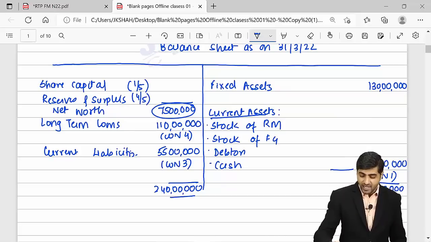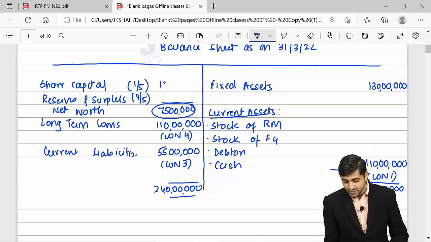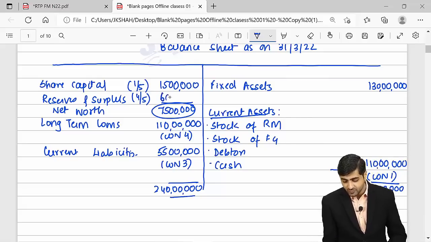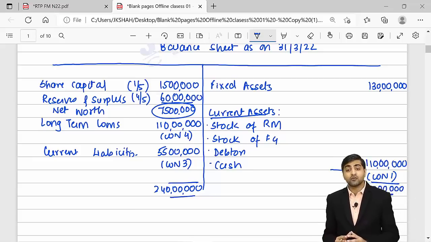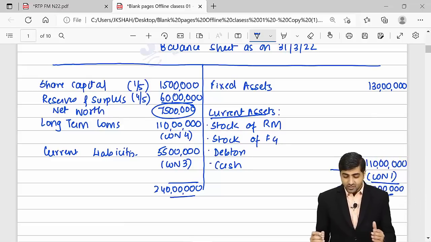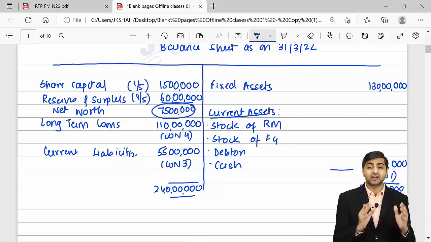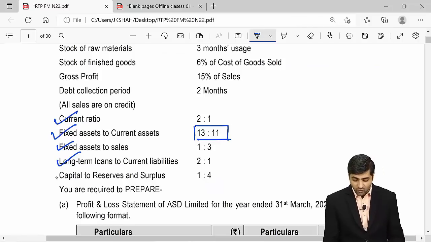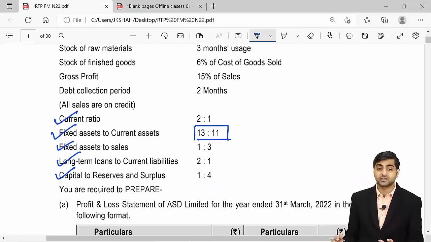So then I'll be having my share capital as 15 lakh rupees, and my reserves and surplus will be 60 lakh rupees. So this will eventually help me to find out the breakup of capital and reserves and surplus. So guys, I hope you have understood that my balance sheet liability side is now complete in all respects. So eventually all these ratios are now taken into consideration.